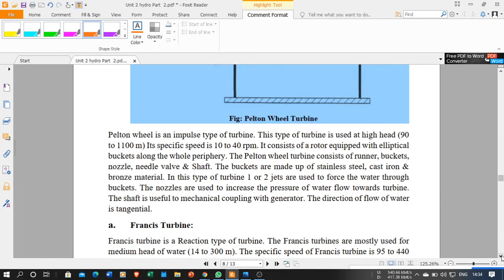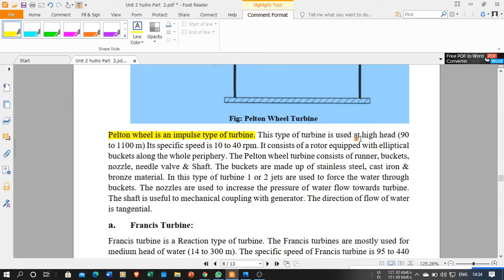Now, the Pelton wheel is an impulse type turbine. We are going to discuss something about the Pelton wheel. In an impulse type turbine we use a nozzle, and in the nozzle potential energy is converted into kinetic energy as well as pressure energy.